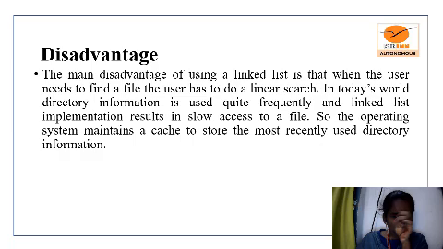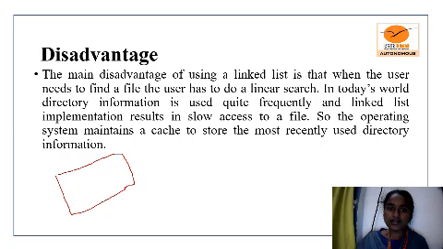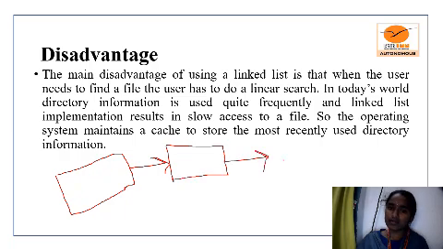Let's see an example. Now here we have one linked list and this is connected with another linked list, and like that we have so many linked lists, n linked lists.